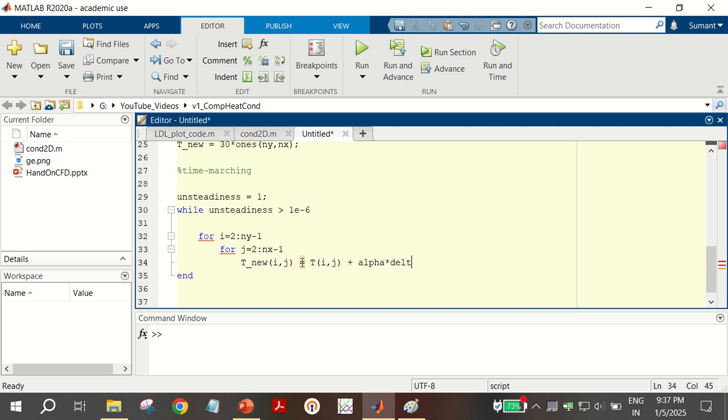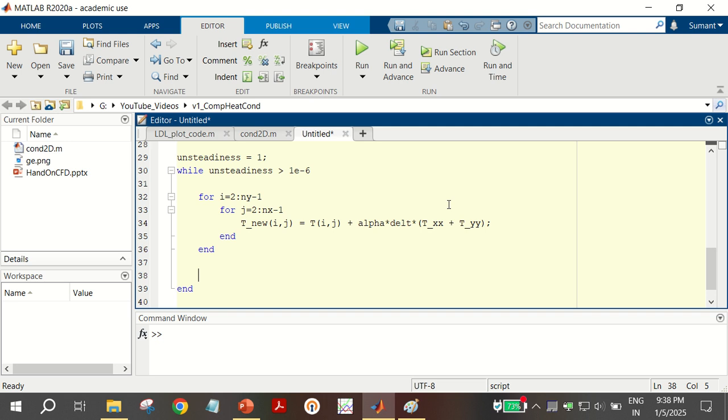So that's why, and t old I have just put on the right side. So I hope you can understand this. So del t star, now I have to calculate this. Txx plus Tyy is nothing but dou square T by dou x square plus dou square T by dou y square. Okay, so that's it.